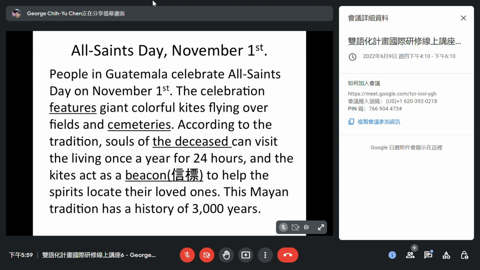And people in Guatemala celebrate it with giant colorful kites flying over fields and cemeteries. Cemeteries means 墓园, white cemeteries.